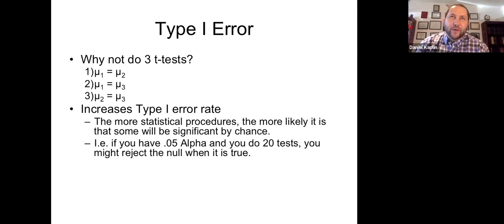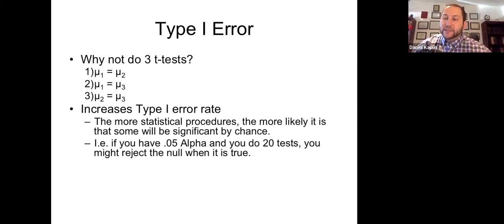And if we ran 20 of these t-tests, we would wind up with almost a guarantee that at least one of our conclusions would have been a type 1 error. So the beauty of a one-way ANOVA is that we can compare all the groups against one another while maintaining that alpha of 0.05.